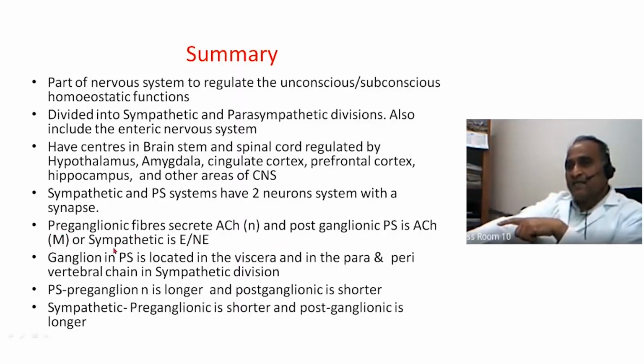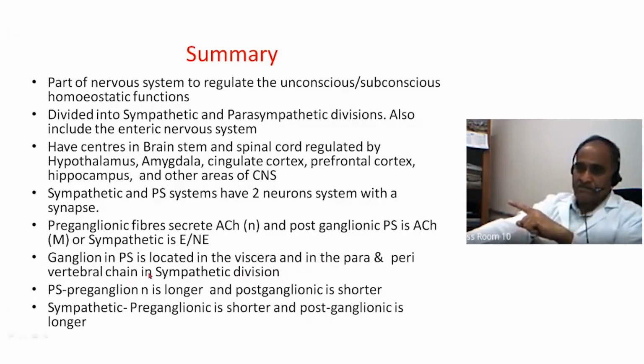Whereas the postganglionic sympathetic fiber secretes epinephrine and norepinephrine. The ganglion in the parasympathetic system is located in the viscera. In the sympathetic division, it is located in the paravertebral and prevertebral chain.